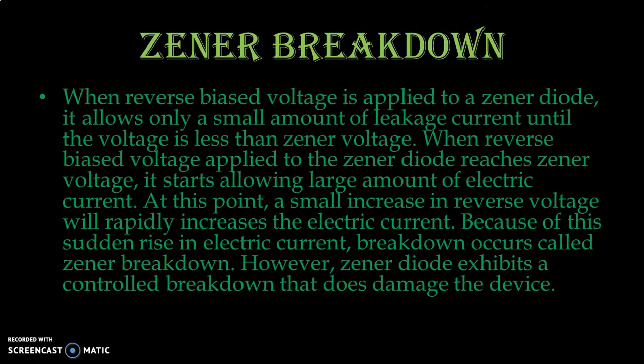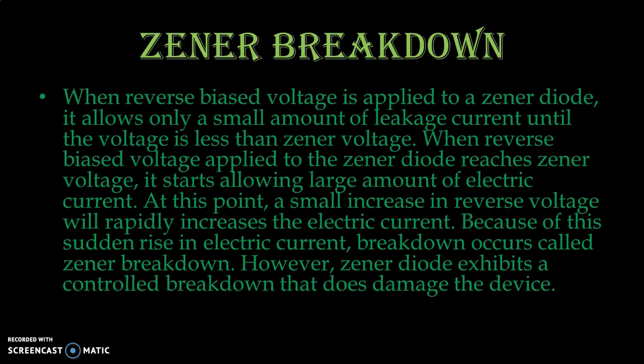Now let us see what exactly the difference is between avalanche breakdown and Zener breakdown. We will study about the Zener breakdown. When reverse biased voltage is applied to a Zener diode, it allows only a small amount of leakage current until the voltage is less than Zener voltage.